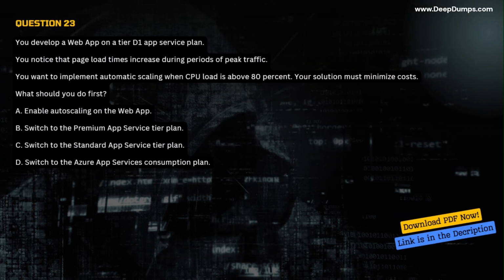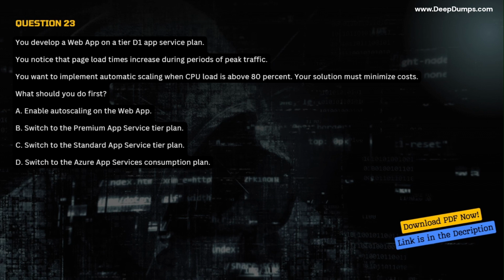Question 23. You develop a web app on a Tier D1 app service plan. You notice that page load times increase during periods of peak traffic. You want to implement automatic scaling when CPU load is above 80%. Your solution must minimize costs. What should you do first? A. Enable auto-scaling on the web app.